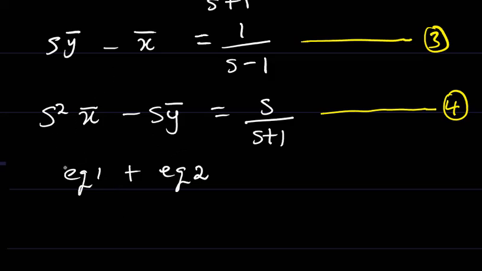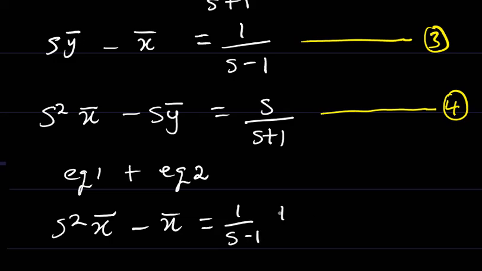So I'm only left with s squared x bar minus x bar equal to, adding the right hand side as well, 1 all over s minus 1 plus s all over s plus 1.